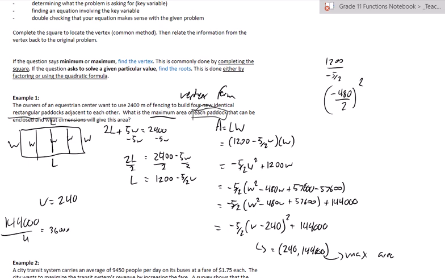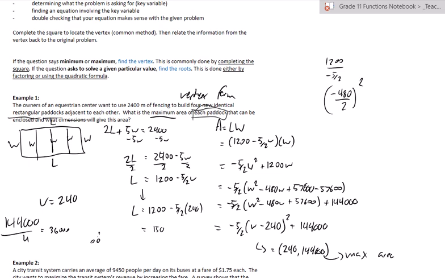So we now have the area of each paddock, and then we need the dimensions. So we have width, and to find our length, we would come back here and substitute width back in. So length equals 1,200 minus 5 over 2 times 240. And when you calculate that, it's going to give you 150. So length is 150.